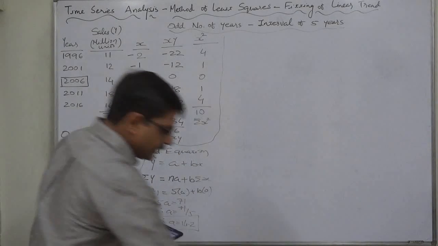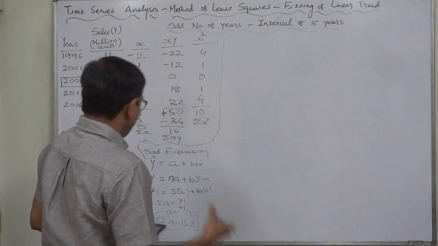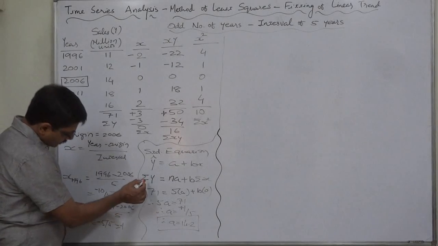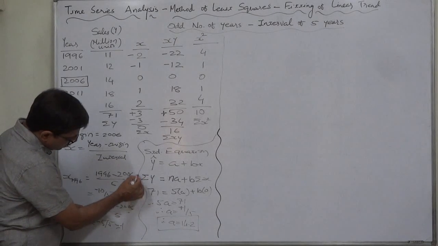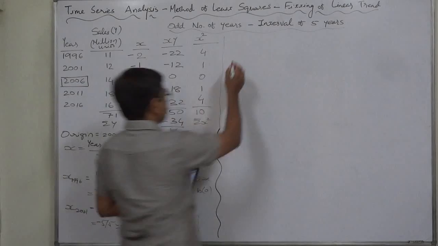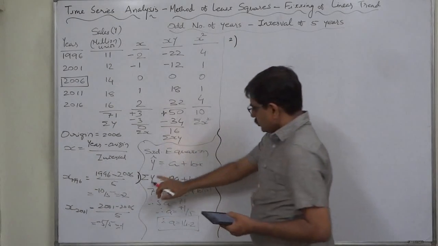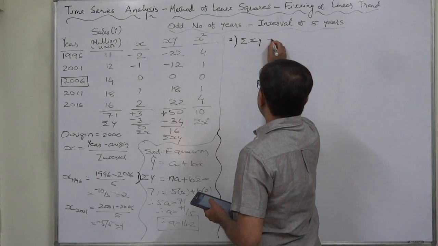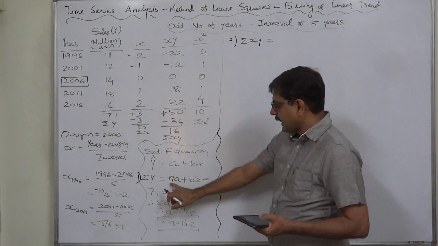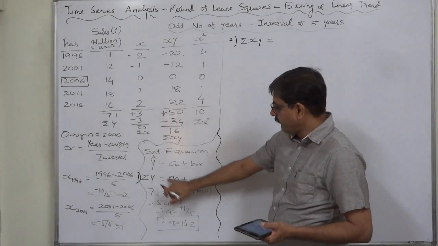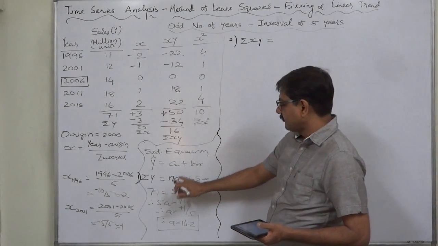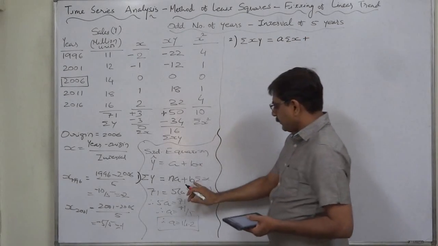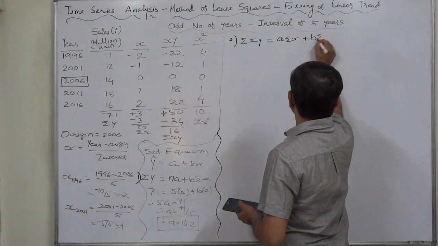Now the other normal equation is obtained by multiplying the first normal equation by x. So it will be sigma xy equals, now we know that here n is actually sigma of 1, so if we multiply by x, it will be a into sigma x plus b into sigma x square.